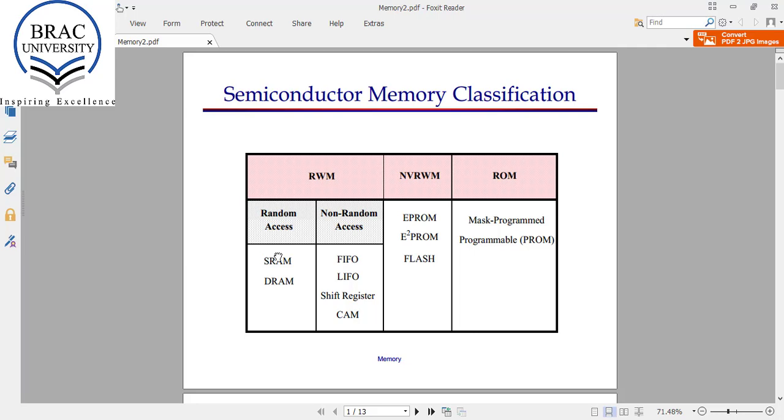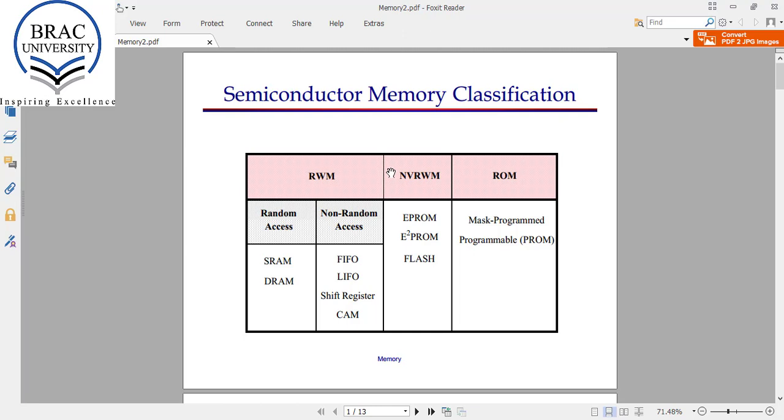But for the dynamic RAM, you will need to continuously refresh the memory to keep that memory valid, at the exact value. Otherwise, the data can be lost. And for the non-random access memory, here we have FIFO, that is first input first output, LIFO, last input first output, shift registers, and content addressable memory.